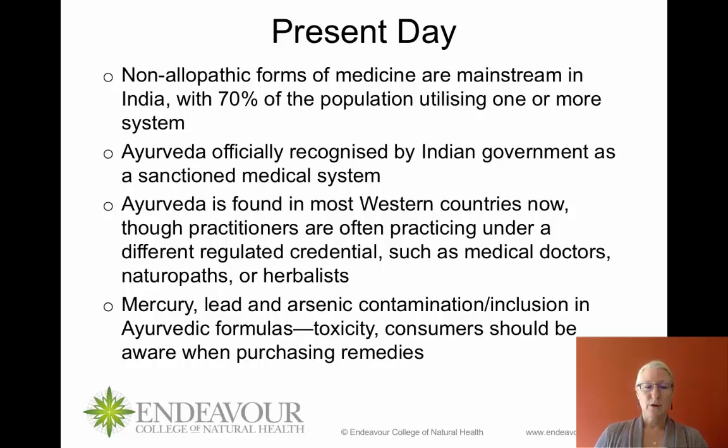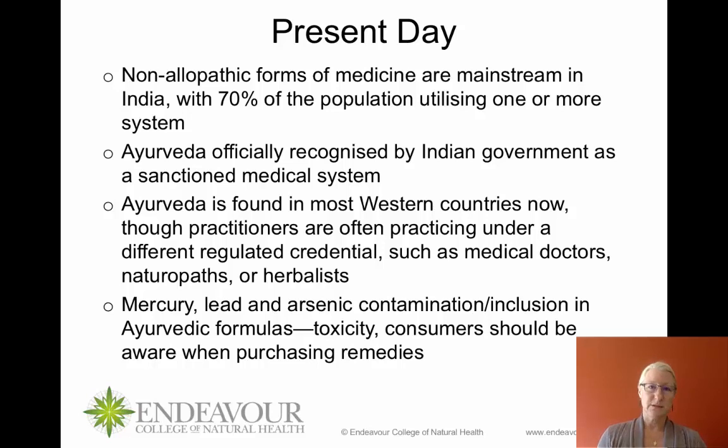In Ayurvedic medicine, oftentimes mercury, lead, and arsenic contamination or purposeful inclusion are seen in Ayurvedic formulas. I mentioned that there are alchemical preparations of the combination herbal remedies that are used in Ayurvedic medicine, and the use of alchemical preparations oftentimes does utilize forms of mercury, lead, or arsenic, which we consider to be toxic, but in the preparation of these in the alchemical processes are considered to be non-toxic by Ayurvedic practitioners.